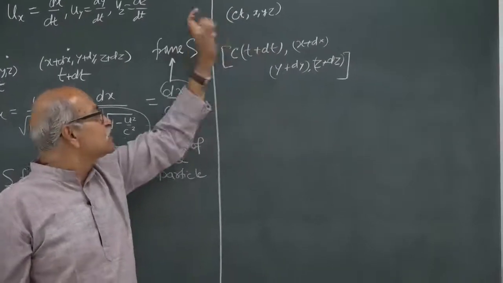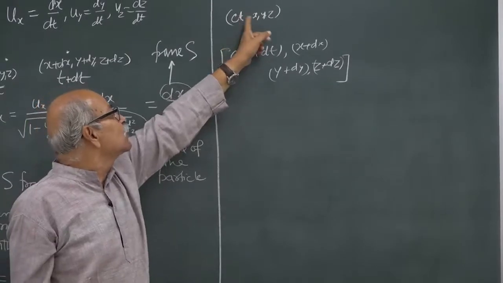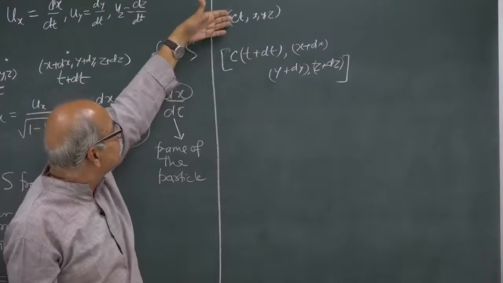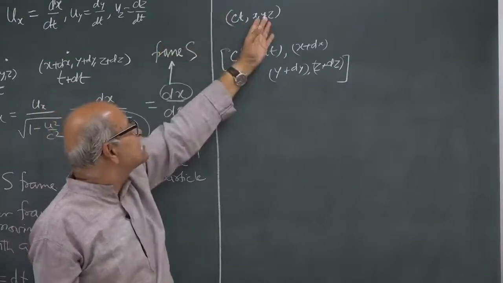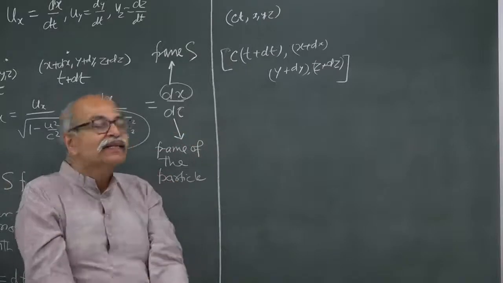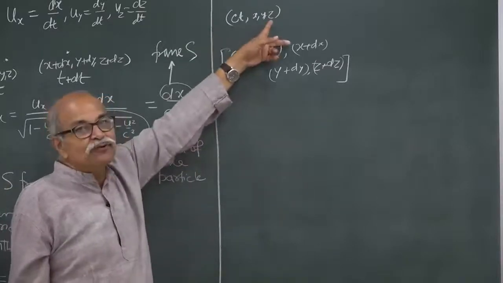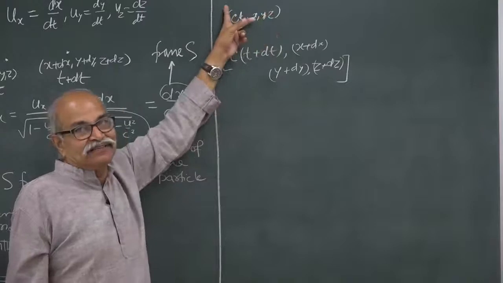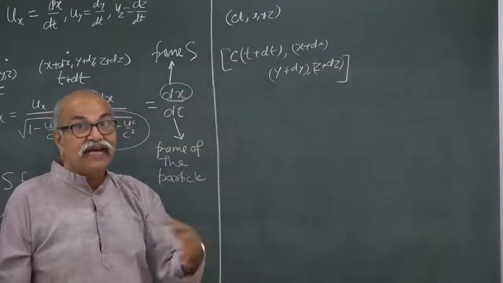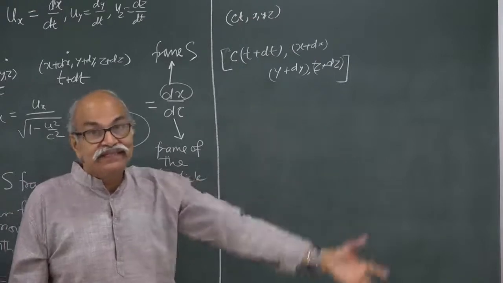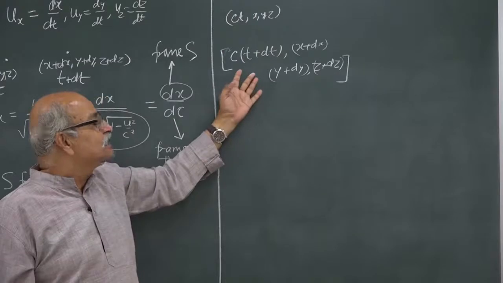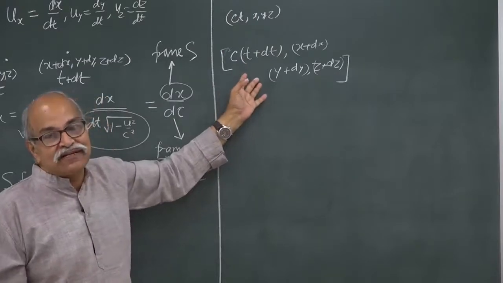When we construct these 4 components, this is your temporal component and this is your spatial component, and we combine all these 4 together, this becomes a position 4 vector at time t. Then position is changing, time is changing, and correspondingly position is changing, and therefore at time t plus dt you have this as the position 4 vector.